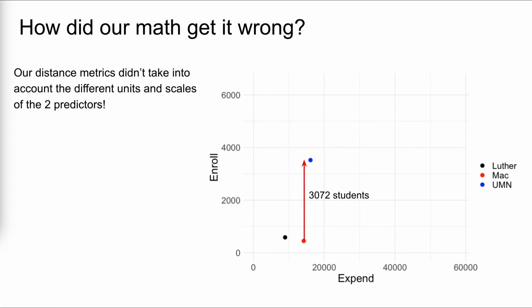Yet on the scale of expenditures, the difference of $5,264 between Mac and Luther is relatively small. Yet our metric didn't consider scale or relativity. It simply noted that 3,072 is a smaller number than 5,264, thus determined that Mac is closer to the University of Minnesota.